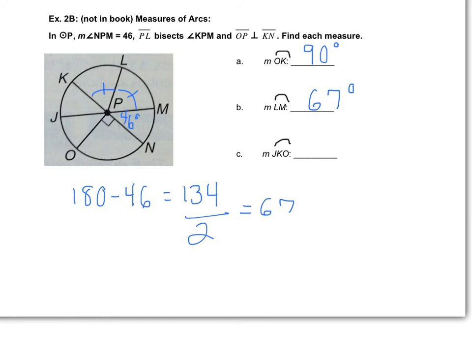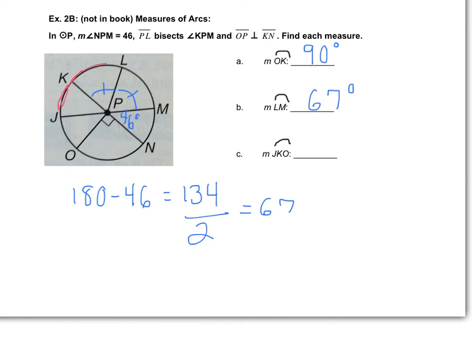So this last one is JKO as an arc. And just a reminder, you need to go through those points in that order around the circle. So J to K, all the way around to O. And I actually think that the easiest thing to do here, let me just highlight this arc for you so you can see it a little better.